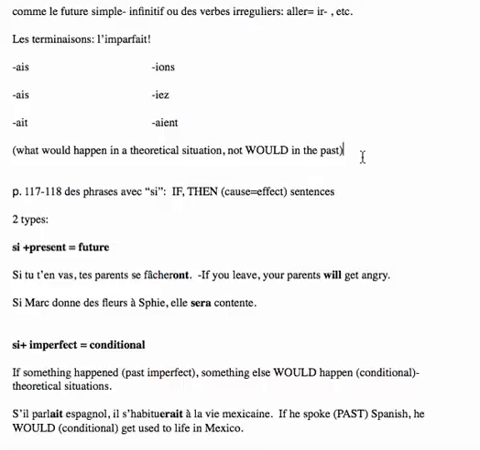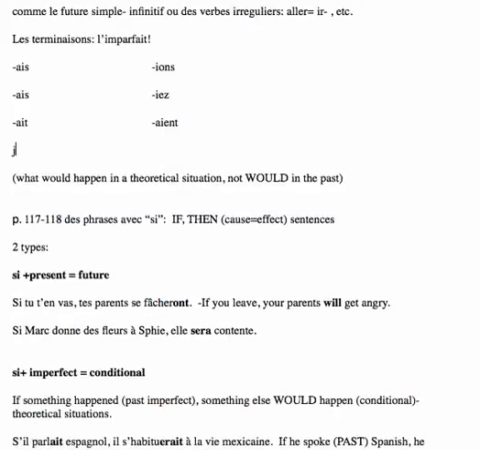For example, je mangerais, I would eat. I think just be careful. That one sounds the same, the je form in the conditional and in the future, je mangerai, but all the other ones should be sounding different. So that's the only one where we might have some confusion.